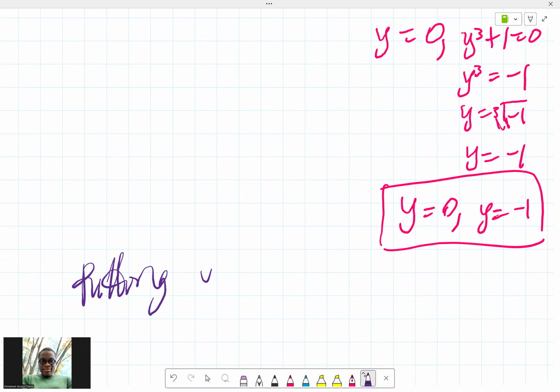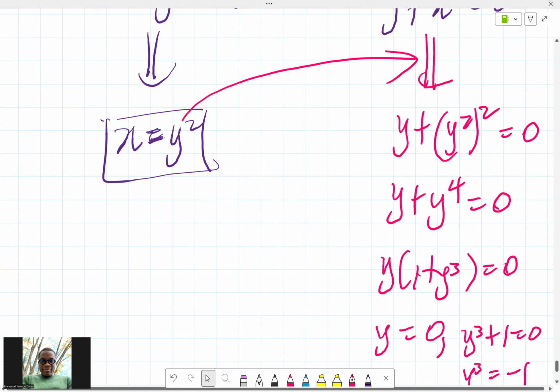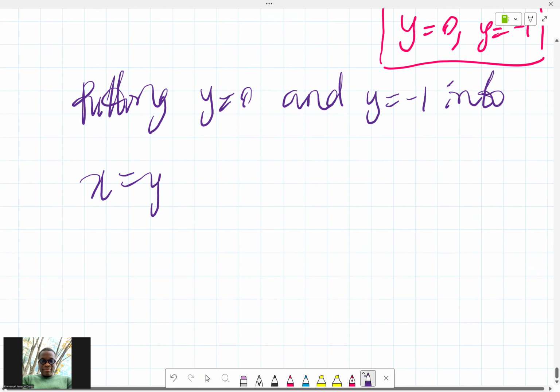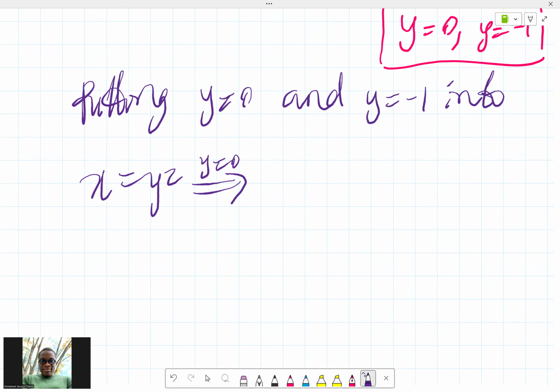Putting y equals 0 and y equals minus 1 into the expression we came from, x is equal to y squared. When y equals 0, we have x equal to 0 squared, which is 0.